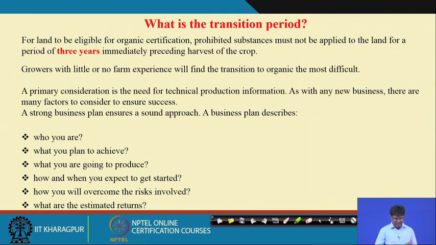When you prepare a business plan for a transition to organic, the manager should keep these questions in mind: who you are, what you plan to achieve, what you are going to produce, how and when you expect to get started, how you will overcome the risks involved, and what the estimated returns are.